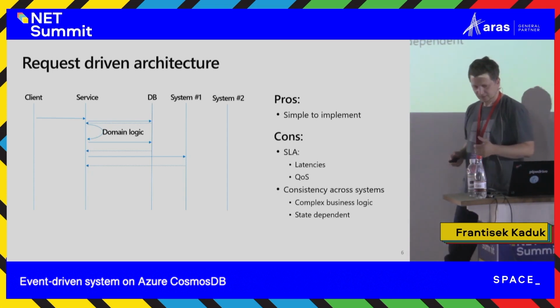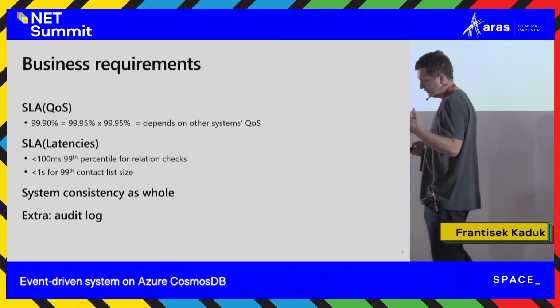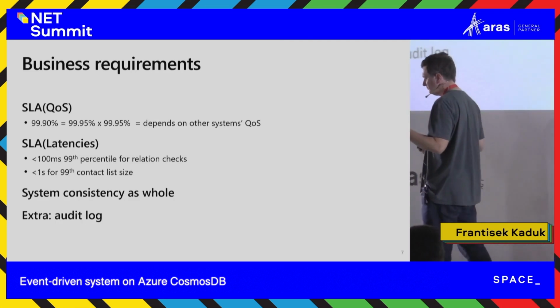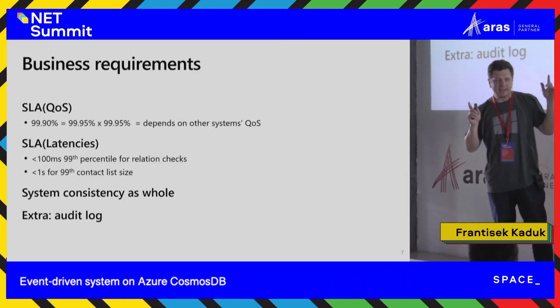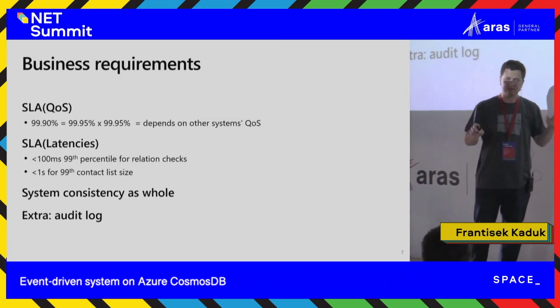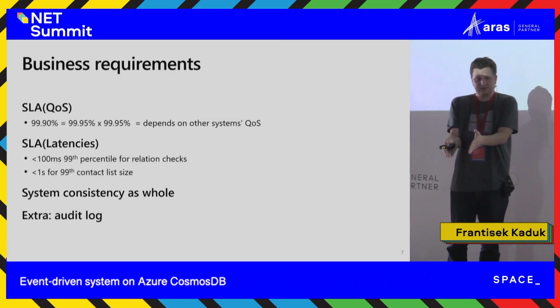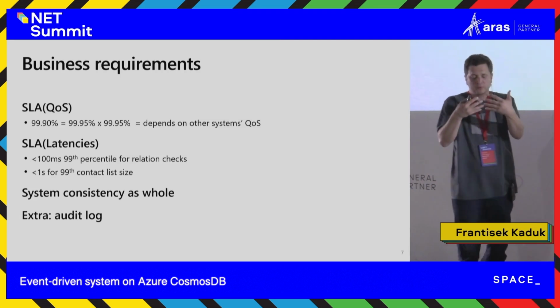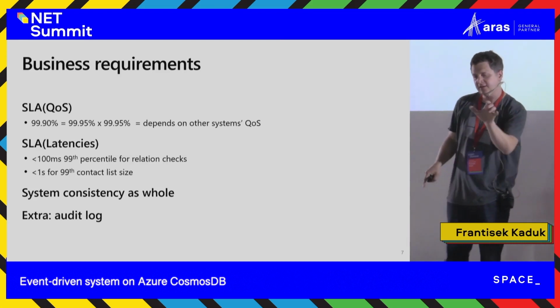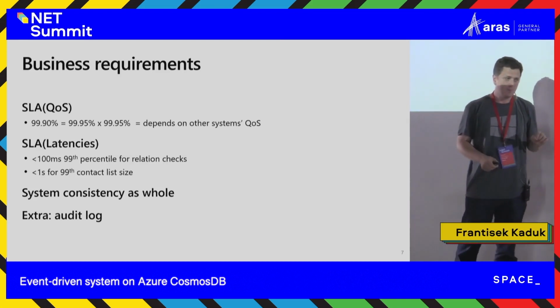So it came to such a situation that we got strict business requirements. At least 3 nines. That's it. Which means if you are dependent on only 2 systems, you are going to expect that these 2 systems have at least 3.5 nines.